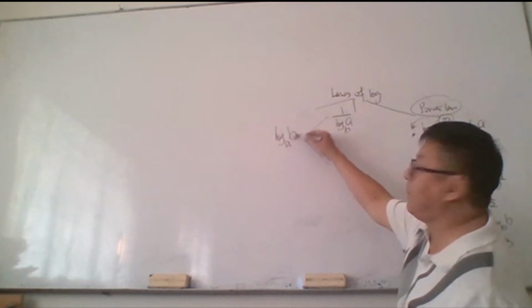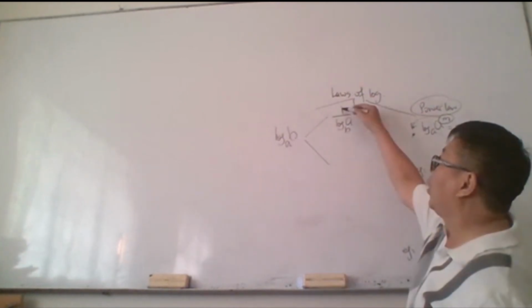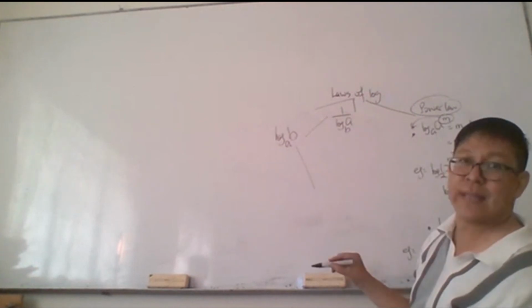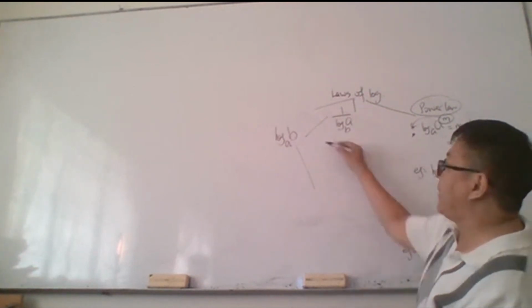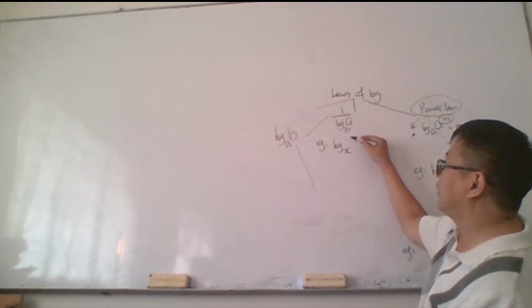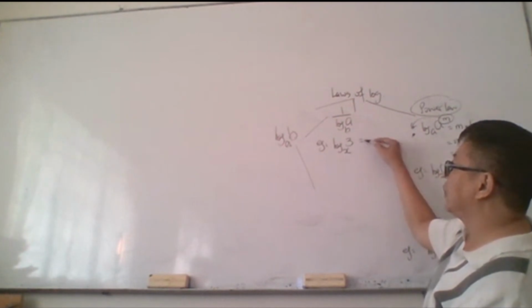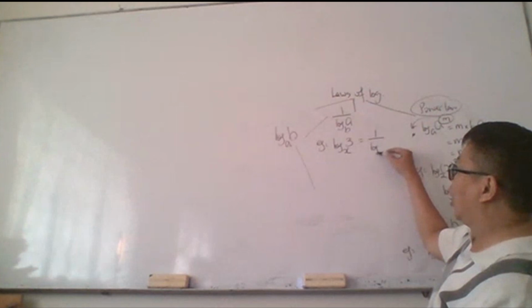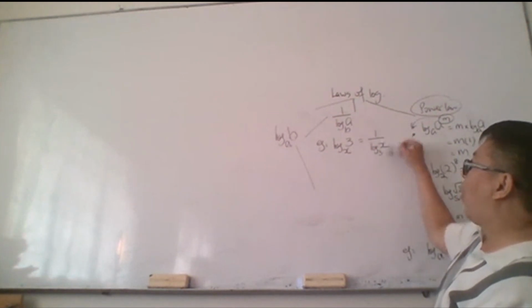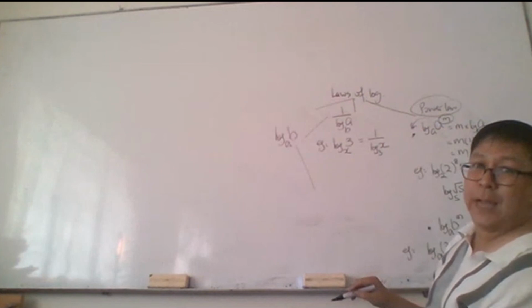If a and b interchange, we put 1 over. Of course, I need to back this up with an example so that you can understand better. For example, log_x 3 is 1 over log_3 x. If x and 3 interchange, you put 1 over.